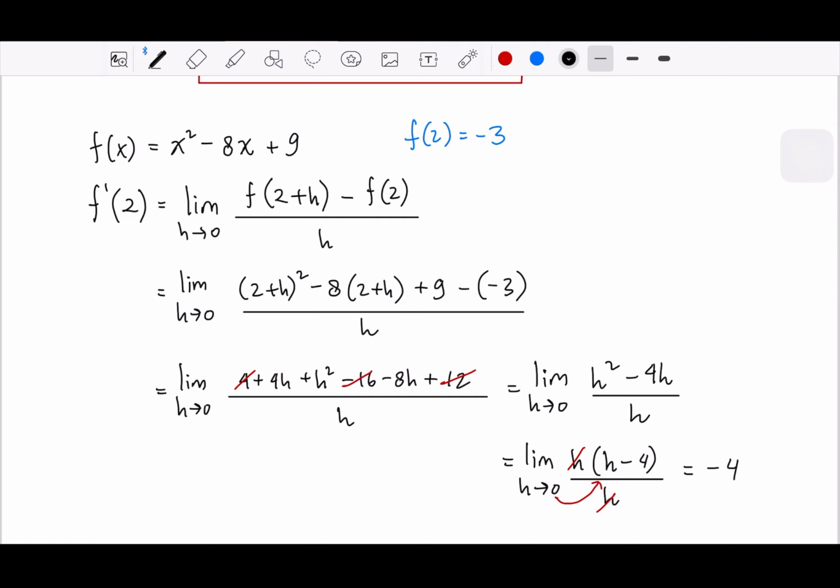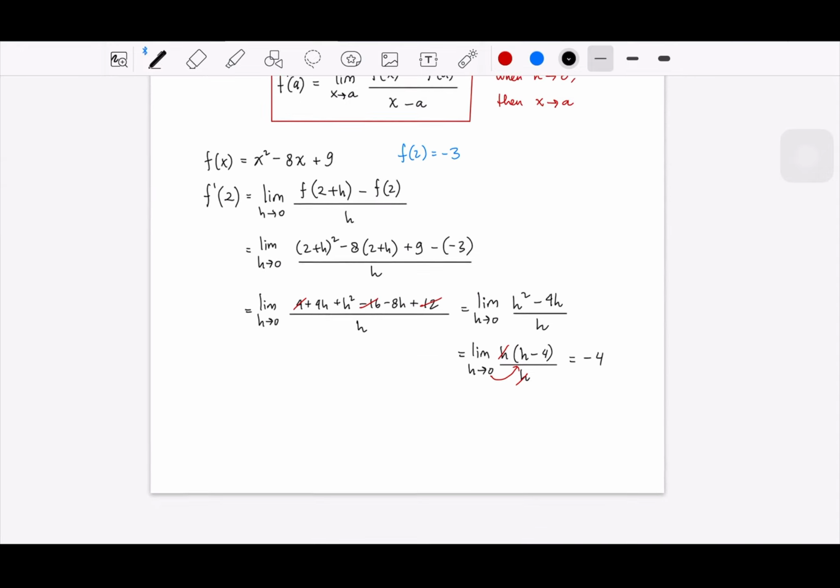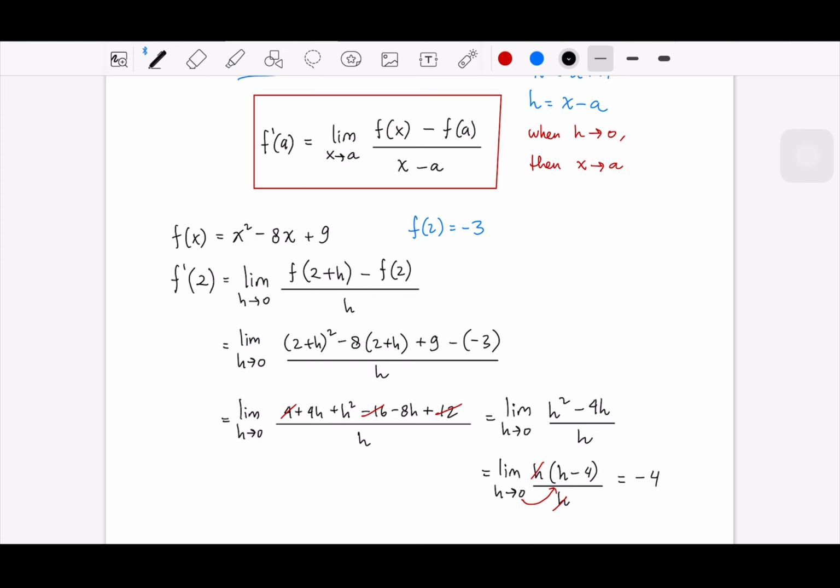Okay. Another concept, because we already talked about the tangent line. Another typical problem that might be asked is finding the tangent line, the equation of the line. The linear equation. Let me give you the background first.